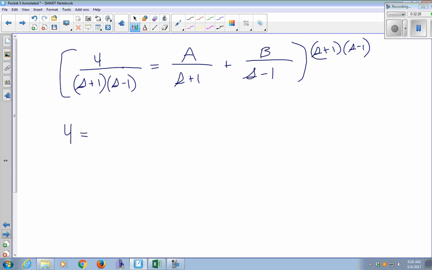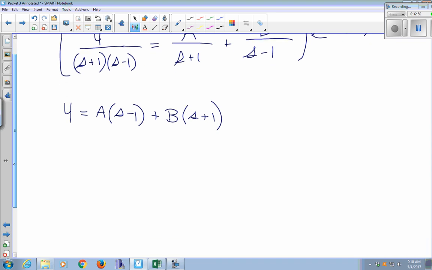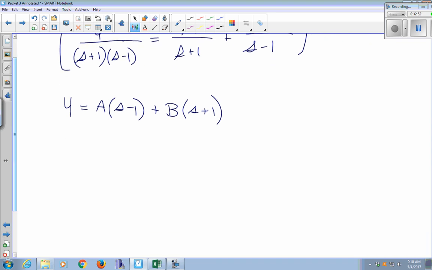And over here, for the a fraction, the s plus 1s cancel. So I have a times (s minus 1) plus b times (s plus 1).